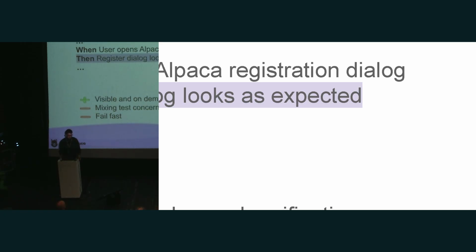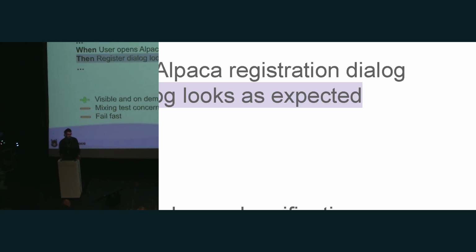However, this leads to mixing test concerns. Our single feature test, our single scenario, is going to verify both functionality and layout. And if we implement a fail fast methodology, it may extend the time that we need to discover some bugs.